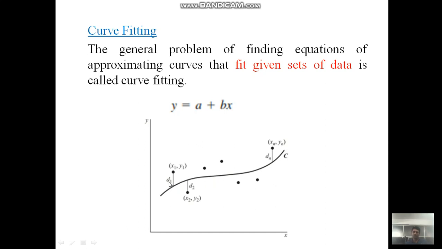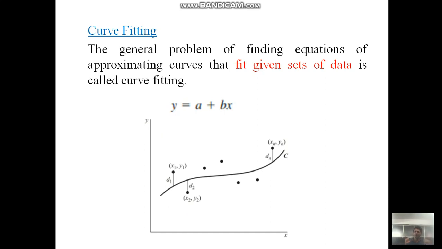Here d stands for the deviation, that is, how far the point is from the curve. Similarly d2 represents the deviation from the curve, whatever the distance of the point x2, y2, say 1 centimeter, whatever scale we consider. So these are the basic ideas of curve fitting.